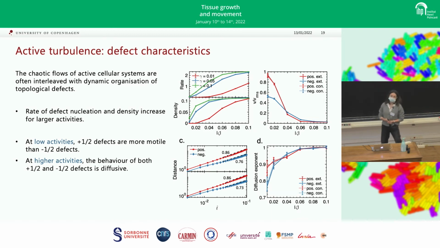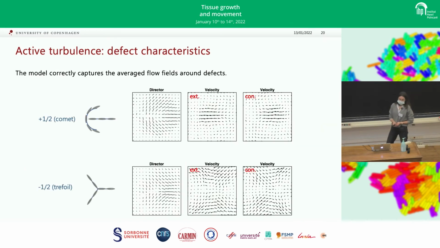And also there are some experimental data on human bronchial cells that also observed the subdiffusive motion of plus halves and minus halves. So this is something that we're planning to investigate in more detail. And if you're looking at the averaged properties of the defects, we took average director fields and velocity fields for both extensile and contractile activities.